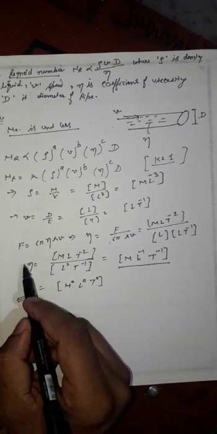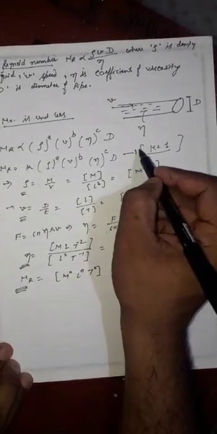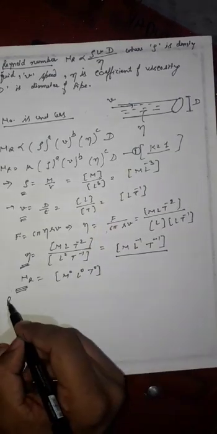So we have learned all the dimensions: eta, speed, and density. Now what will we do? Put the dimensions in the equation. This is the equation we can consider first.